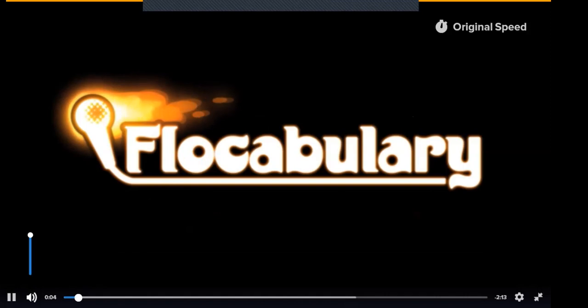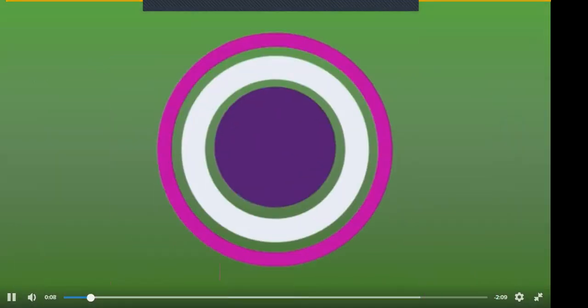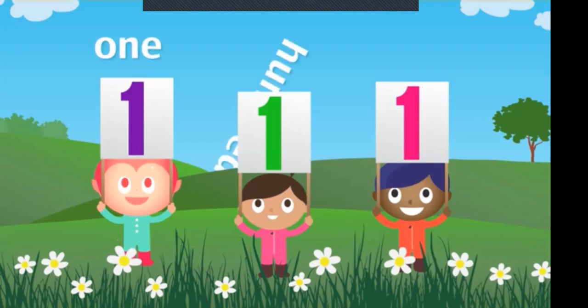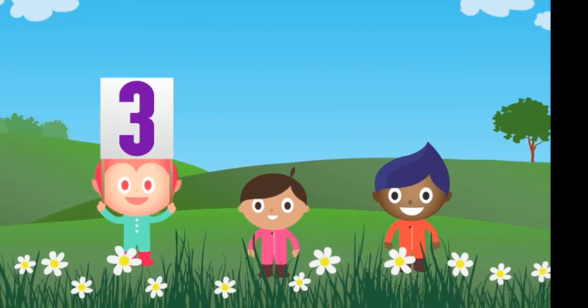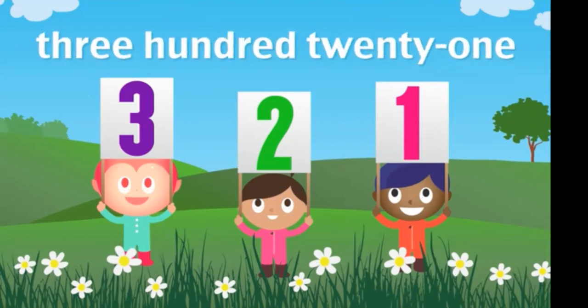FlowCAD. You know, numbers change when you move them around. Listen, you could have a 1 in the hundreds place, and a 1 in the tens place, and a 1 in the ones place. That's 111. You could have a 3 in the hundreds place, and a 2 in the tens place, and a 1 in the ones place. That's 321.